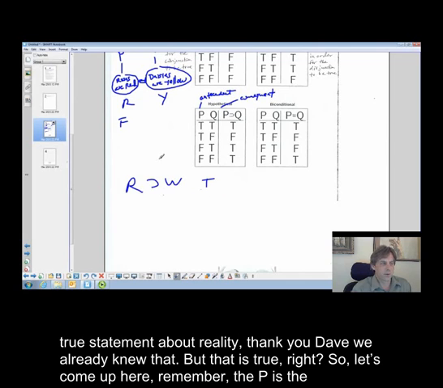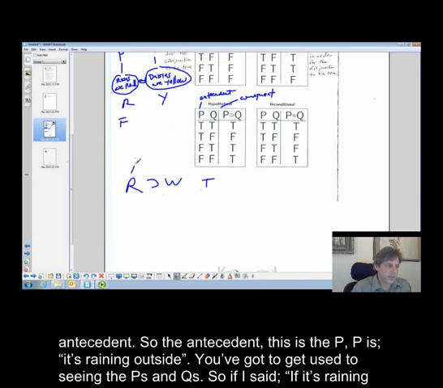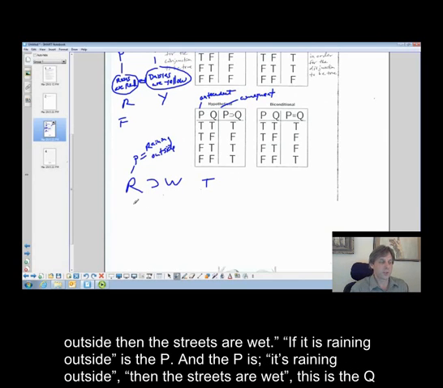So let's come up here. Remember, the P is the antecedent. So the antecedent, this is the P. P is, it's raining outside, okay? You got to get used to seeing the P's and Q's. So if I said if it's raining outside, then the streets are wet, if it is raining outside is the P, right?